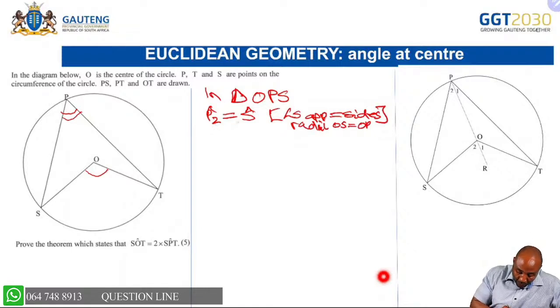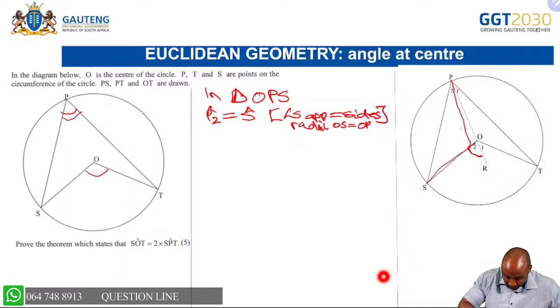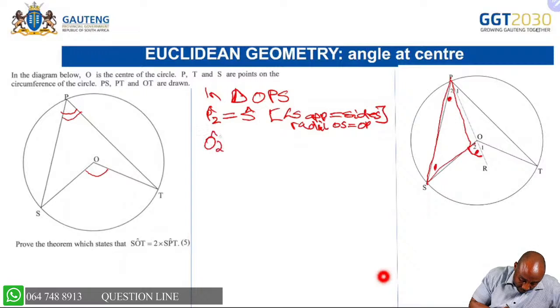So if angle P2 is equal to angle S, if you check, I have this angle here, which is my angle O2, and I have this triangle here that I've highlighted in red. I can see that if I add this angle and that angle, O2 becomes my exterior angle of a triangle. So I can conclude that my angle O2 is equal to angle S plus my angle P2.